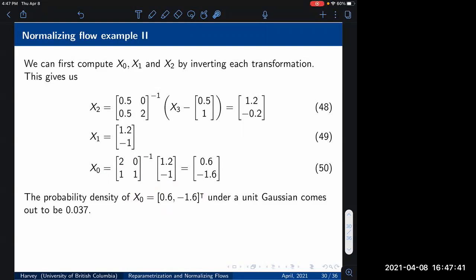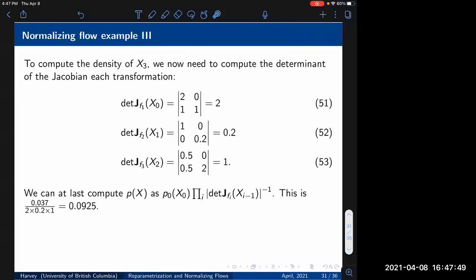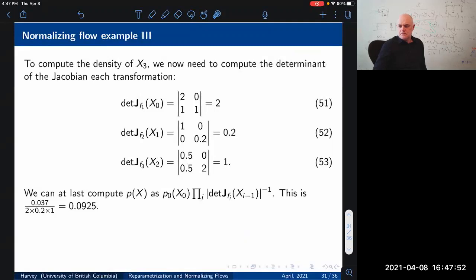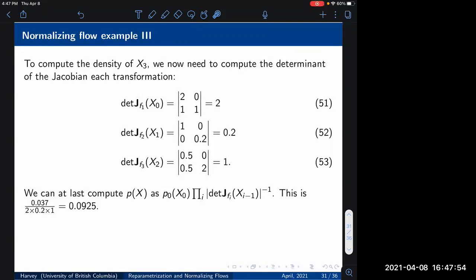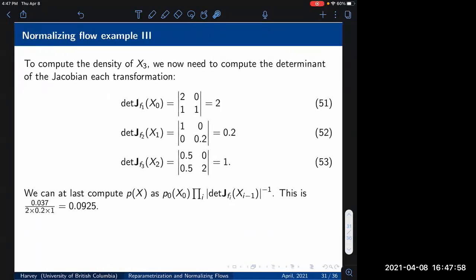And so this is the first step to computing the probability density of x under the change of variables rule. The other thing we need to compute is the Jacobian. We compute the Jacobian for each of these transformations at the values of x0, x1, and x2.